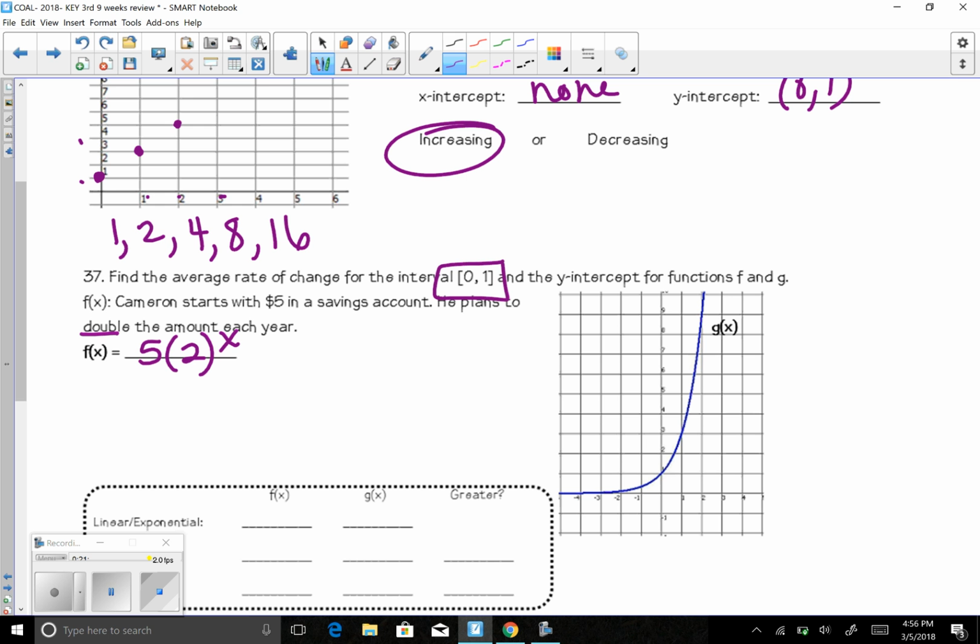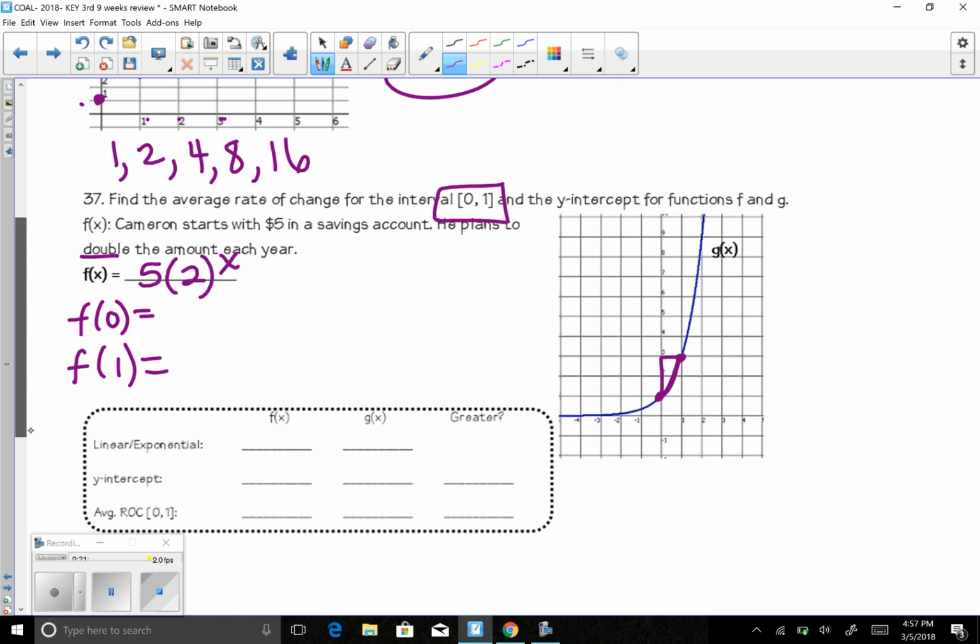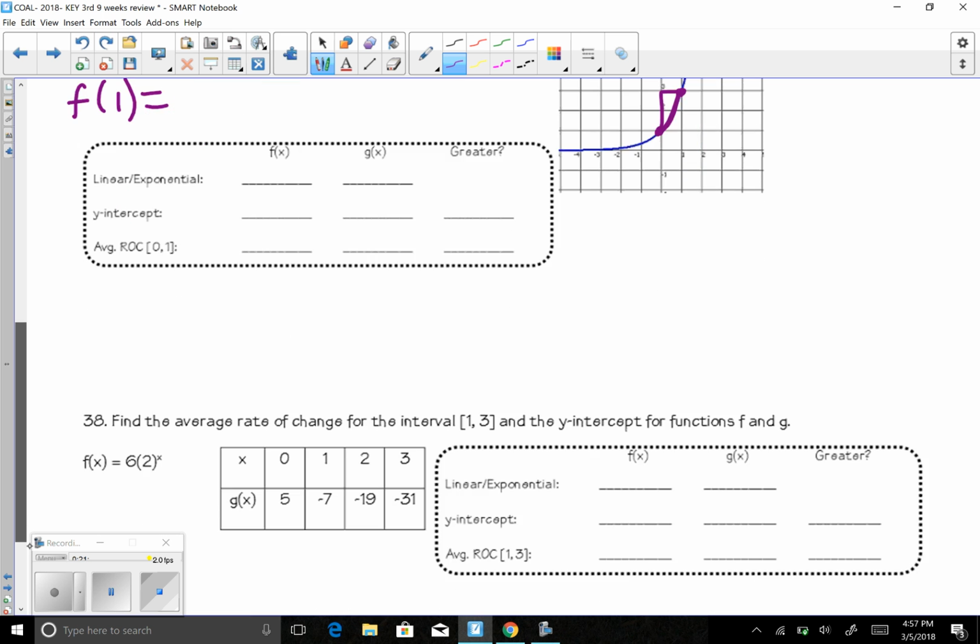For this one, you're going to find f of 0 and f of 1 and create an ordered pair and find the rate of change. And just remember, whenever you have a graph, you can always go to where x is 0 and x is 1 and do rise over run to find the rate of change for that part there. Okay, hopefully you'll see both of these are exponential.